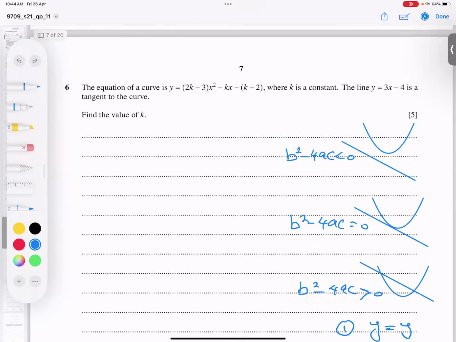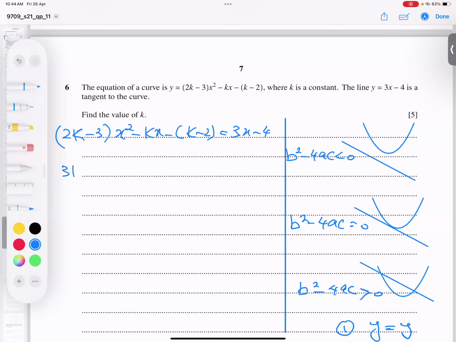So step number 1, this y and this y put equal to each other. So (2k minus 3) x squared minus kx minus (k minus 2) is equal to 3x minus 4. So student, I will arrange it further. A lot of algebra here: (2k minus 3) times x squared minus kx.